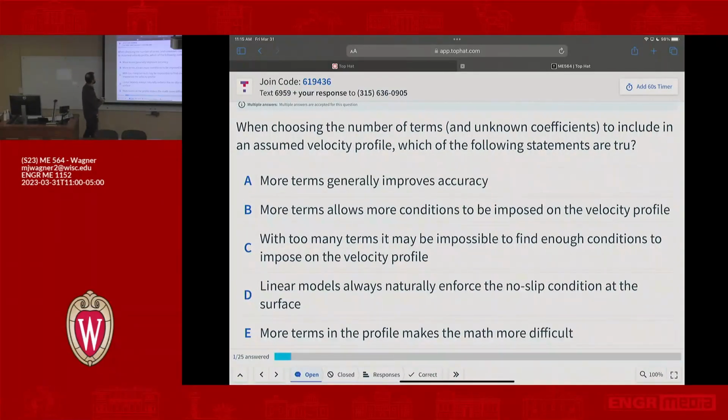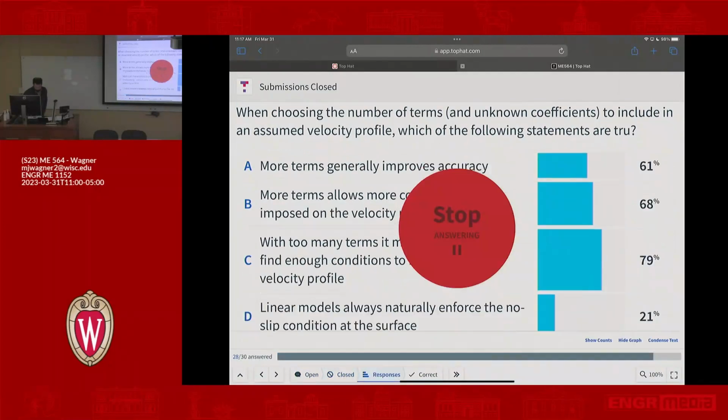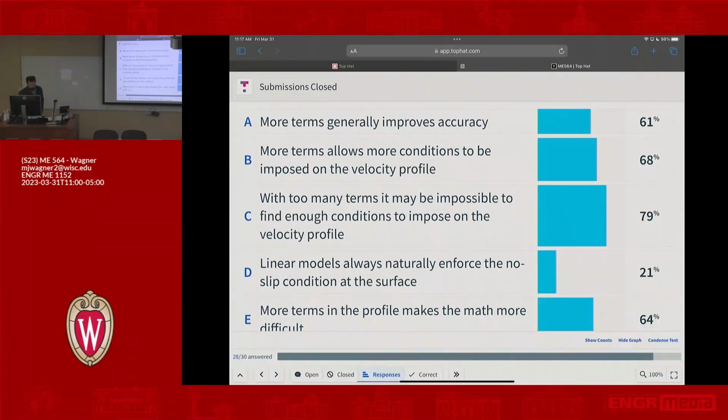Pick all that apply. There are 5 of them. Let me look at the correct answers. A lot of you said that with too many terms, it may be impossible to find enough conditions to impose.